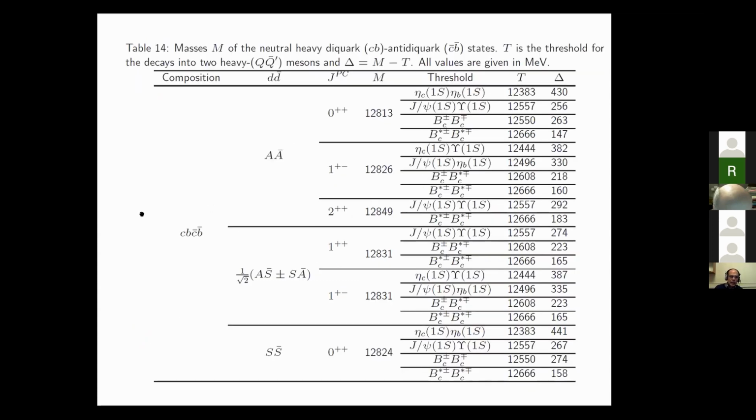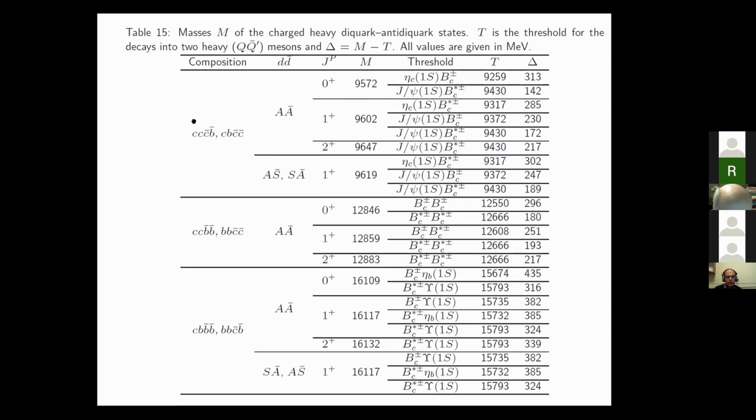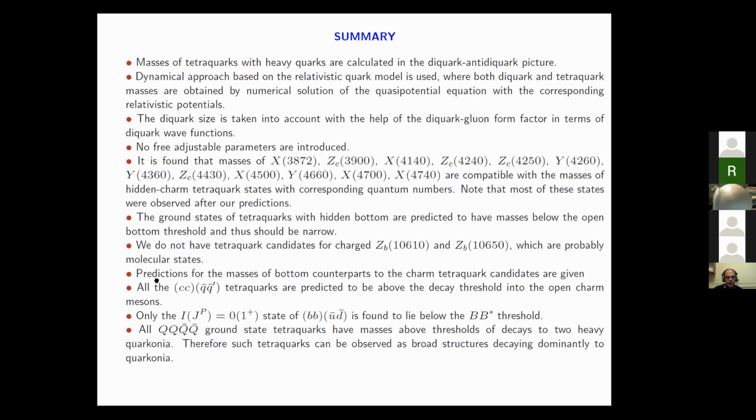Also, other masses of tetraquarks composed only of heavy quarks were calculated. The ground state masses and corresponding thresholds are shown, and all these states are found just above these thresholds, also for different tetraquark compositions. Now I come to my conclusions.